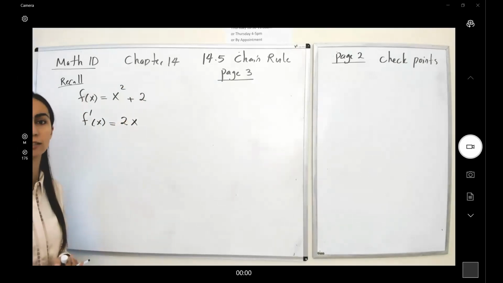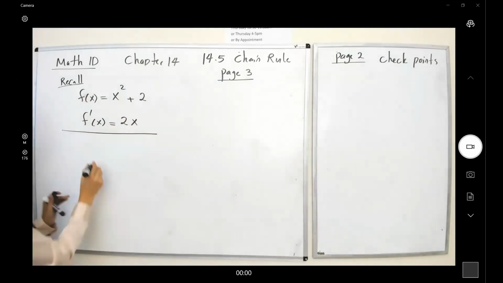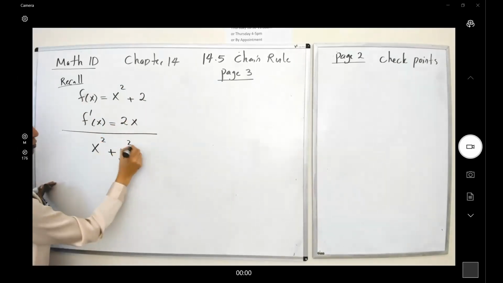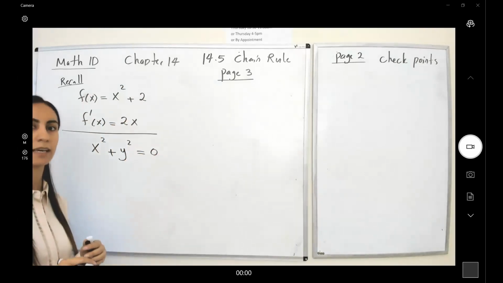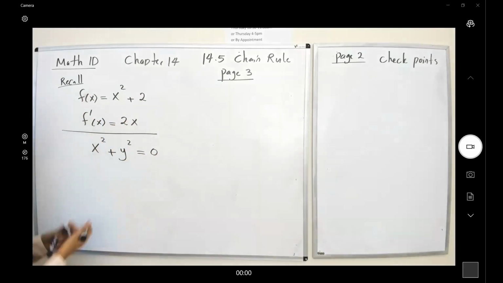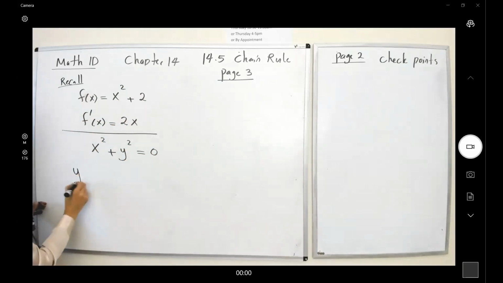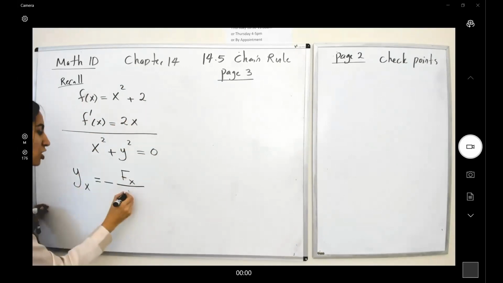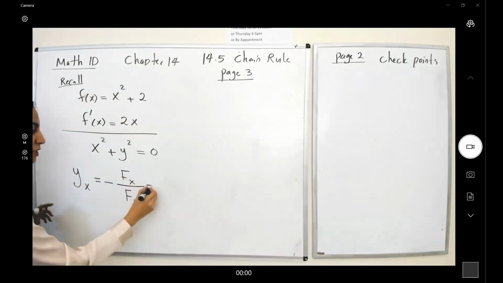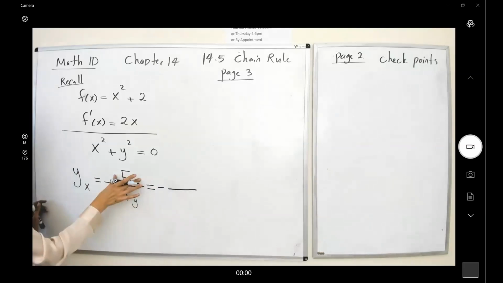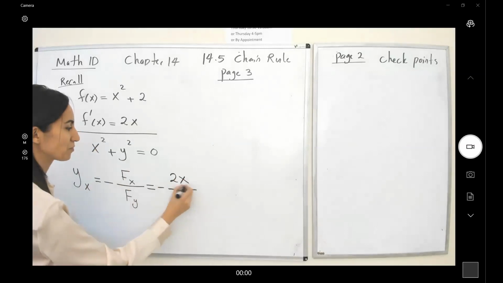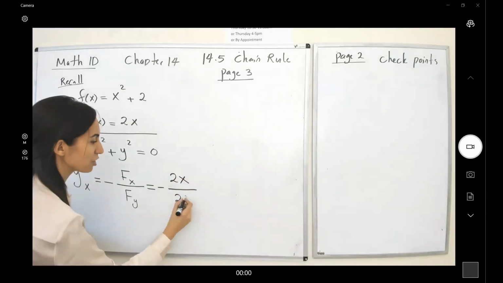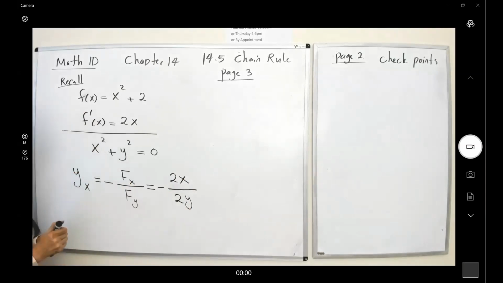And if you have a function written this way, implicitly, x squared plus y squared equals 0, and they say, hey, now find the derivative of the function, you take the derivative of this function implicitly, or you follow the formula y prime of x equals minus the derivative of this function with respect to x divided by the derivative of the function with respect to y, which is equal to minus 2x divided by 2y.